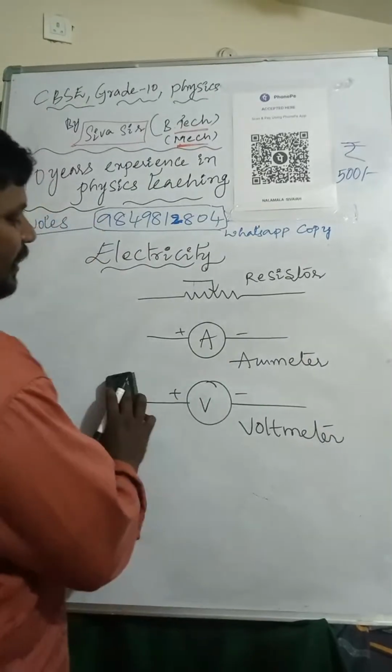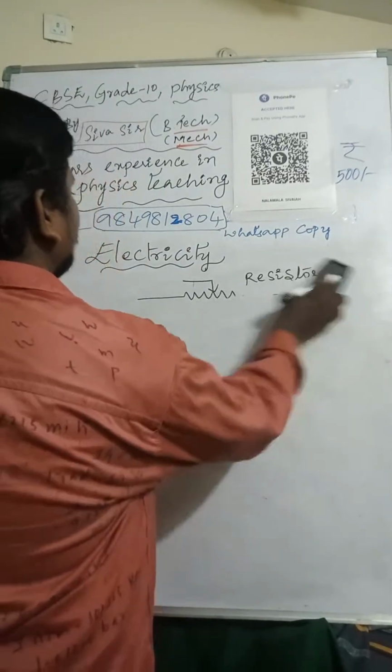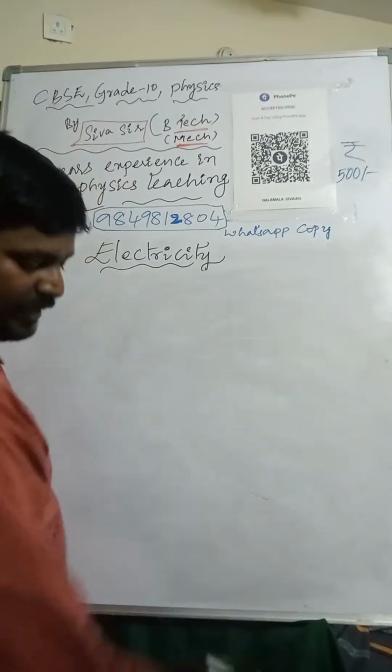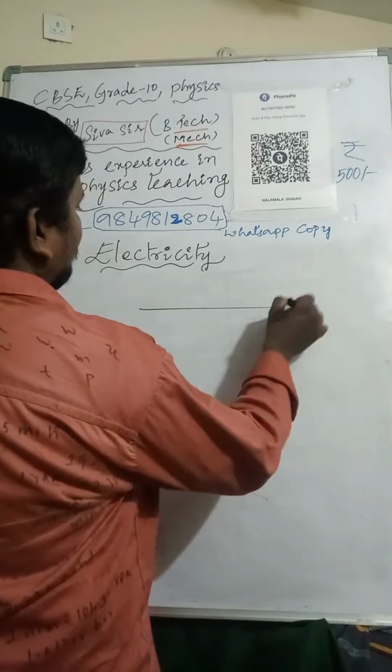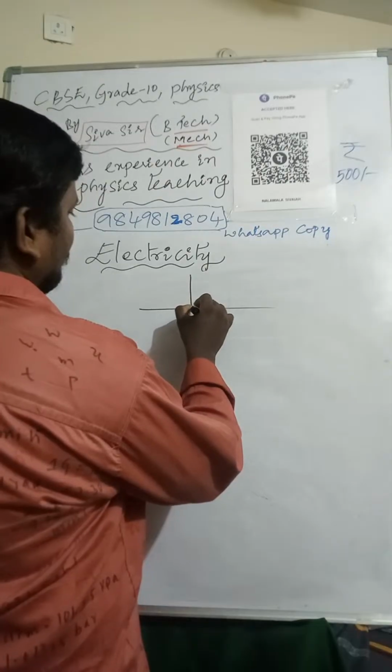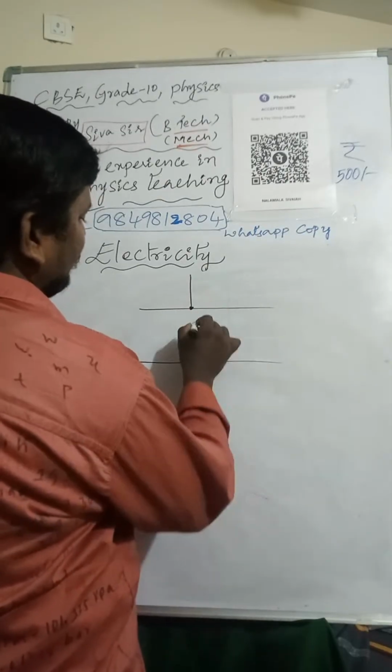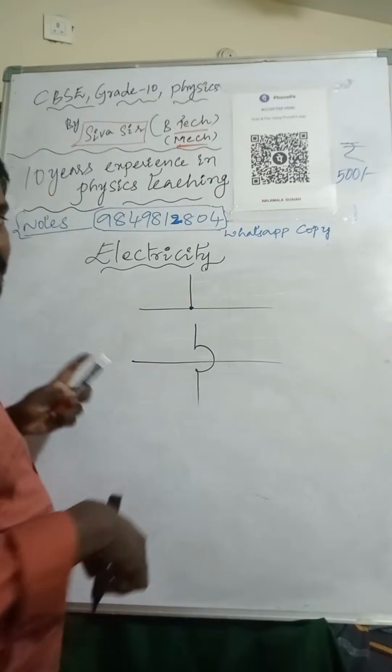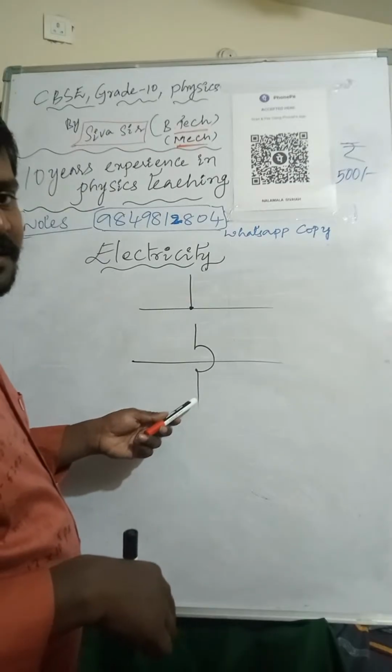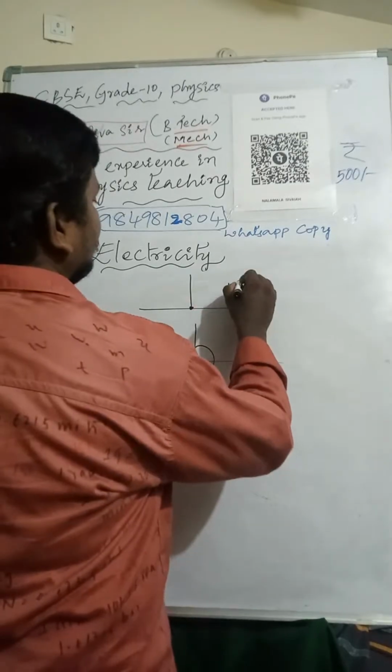Next one, wire joining, and next one, wire crossing. This is wire joining and this is wire crossing.